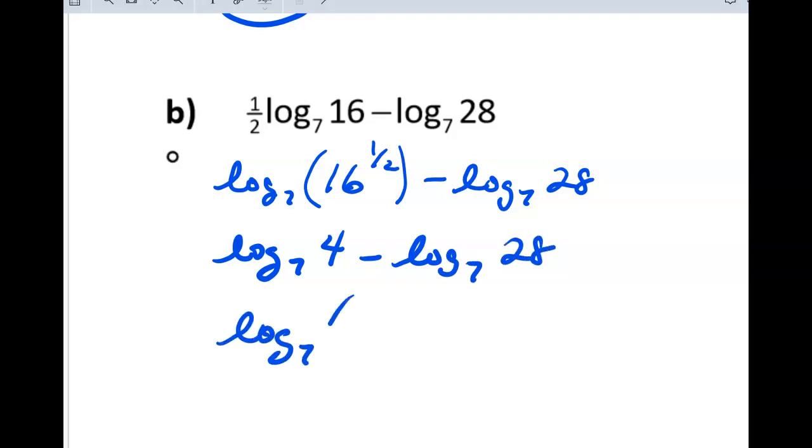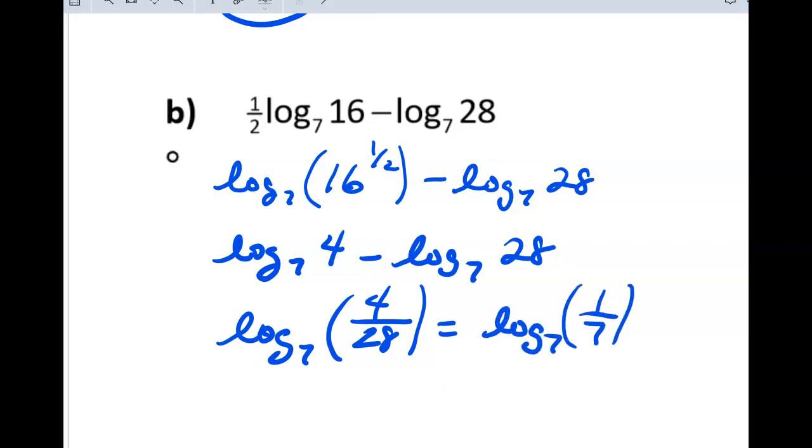Now subtracting those logs, we're going to simply divide their arguments to write it as a single log. And 4/28 is the same as 1/7. And the log base 7 of 1/7 is the exponent -1 that's required to raise 7 to a power to get 1/7.